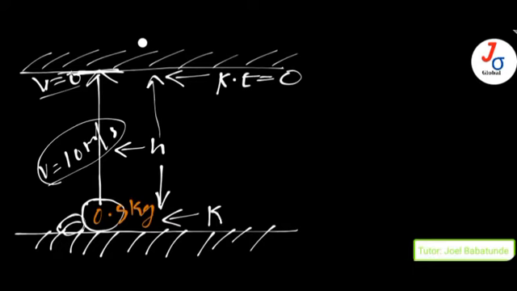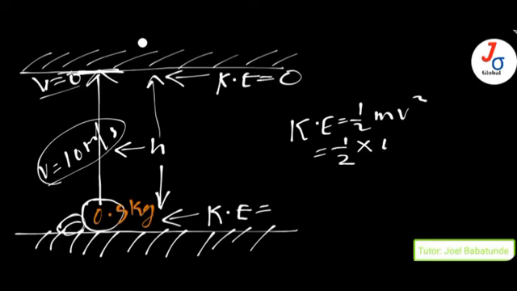So what's the kinetic energy here, just before it hits the ground, having been launched with a velocity of 10 meters per second? Remember that kinetic energy is equal to half mv squared. That's half multiplied by the mass, 0.5, which I'm going to write as the fraction 1 over 2, multiplied by our speed squared, 10 squared, that's 100.